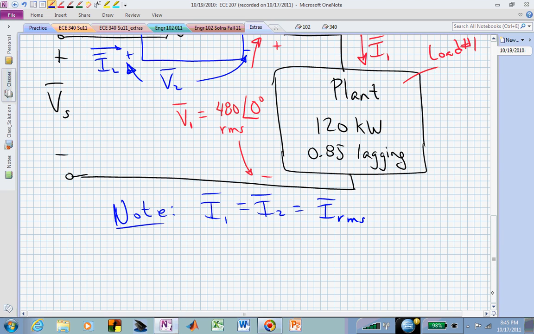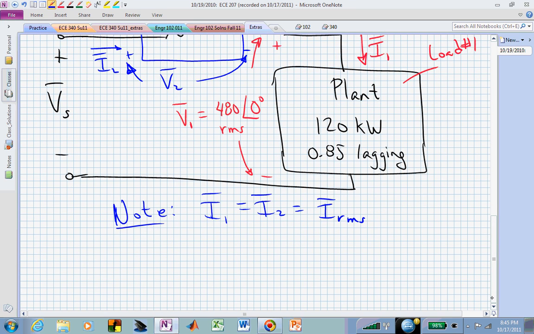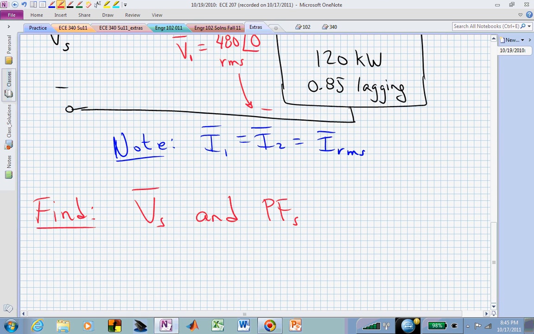Again, what we want to find is this voltage, V sub S, and the power factor associated with that voltage. Let's go ahead and write that down. This is now what we want to find: V sub S bar and the power factor associated with that particular supply side location for the voltage.